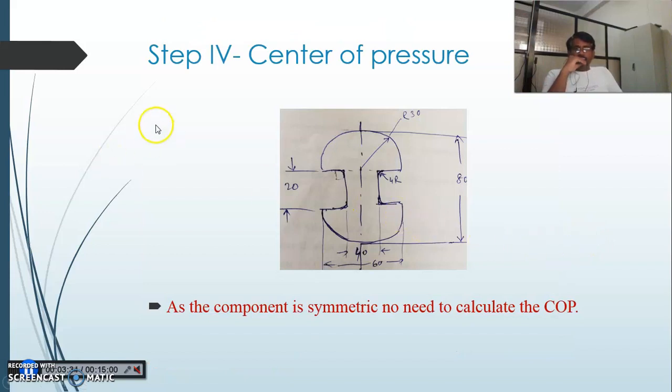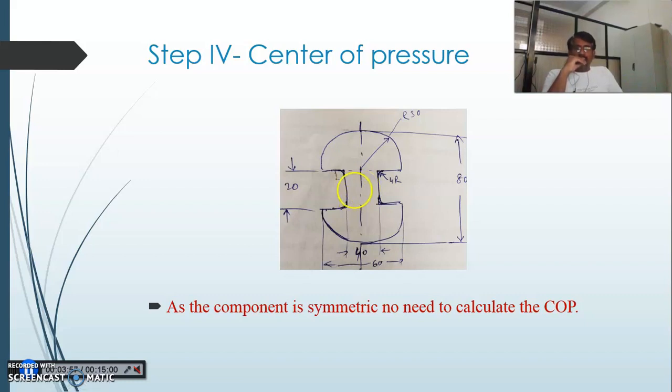In the next step, that is calculation of the center of pressure. This step you have to carry out only if the component is not symmetric. Now we see that the component is symmetric. So even though we calculate this, we get the midpoint of this component as the center of pressure only, as this is a symmetric component.